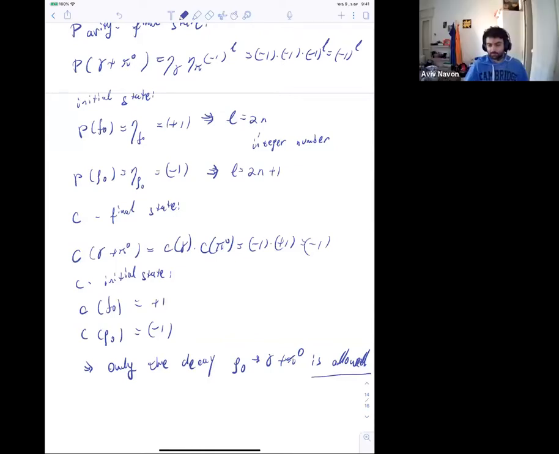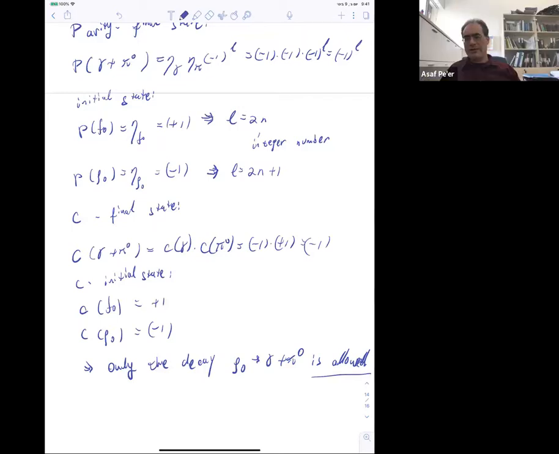So there is some sort of difference between a photon and an anti-photon in its properties, but we don't have an anti-photon. The photon is its own anti-photon.